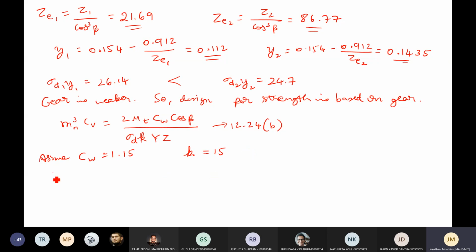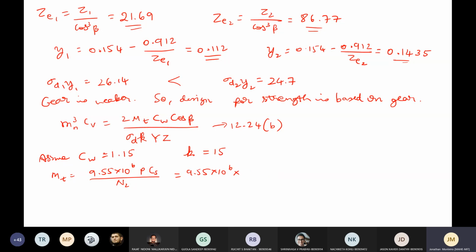What about the Mt value? 9.55 into 10 power 6 PCS by N. In this case, I'll take N2. This is the torque transmitted on the gear.